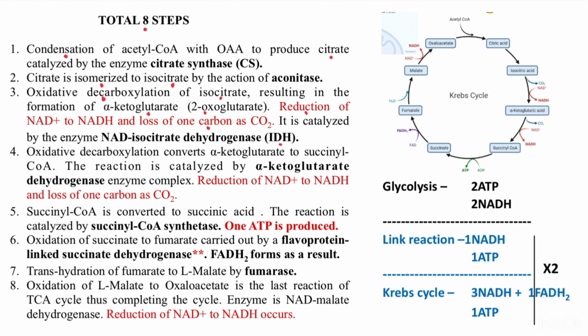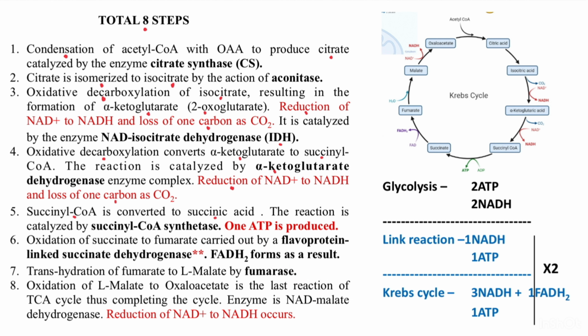Step 4 is oxidative decarboxylation of alpha ketoglutarate to succinyl coenzyme A. This step is similar to the previous one in terms of the involvement of multi-enzyme complex and production of carbon dioxide and NADH. Step 5 is conversion of succinyl coenzyme A to succinate.